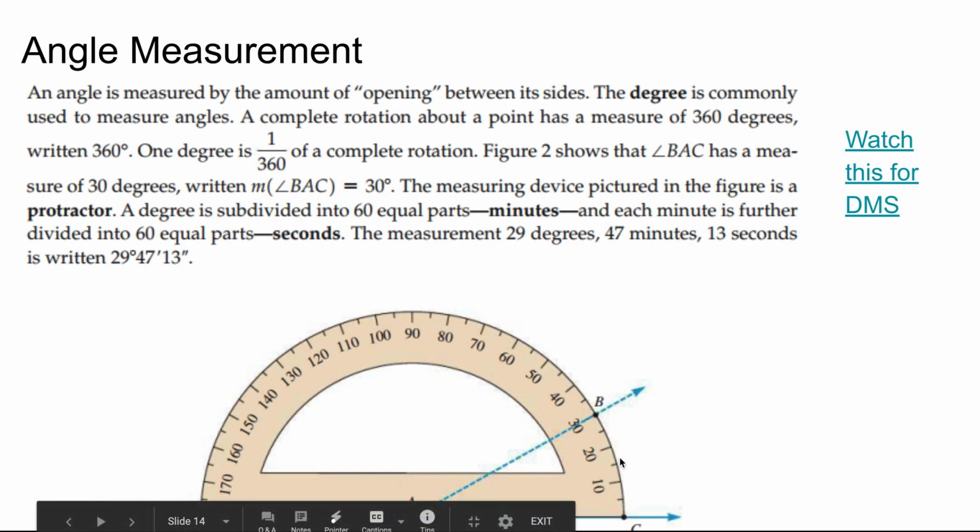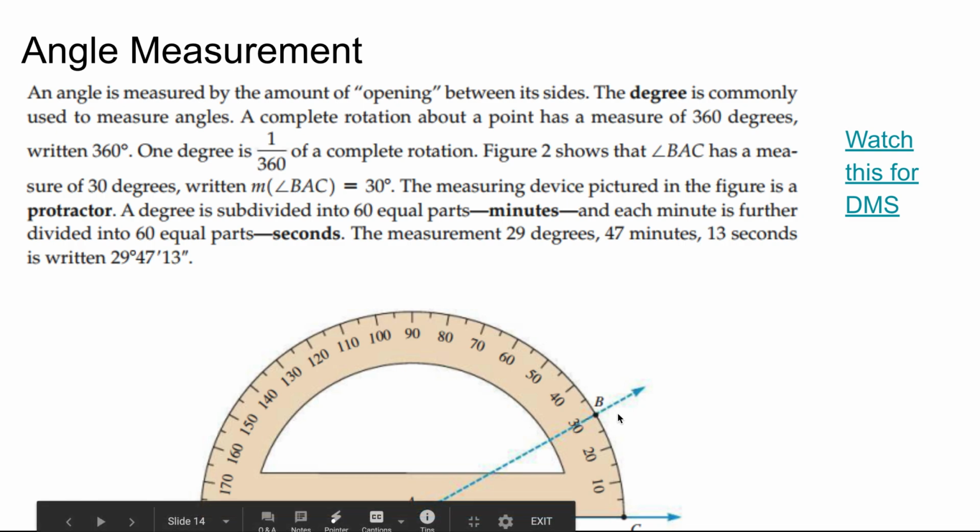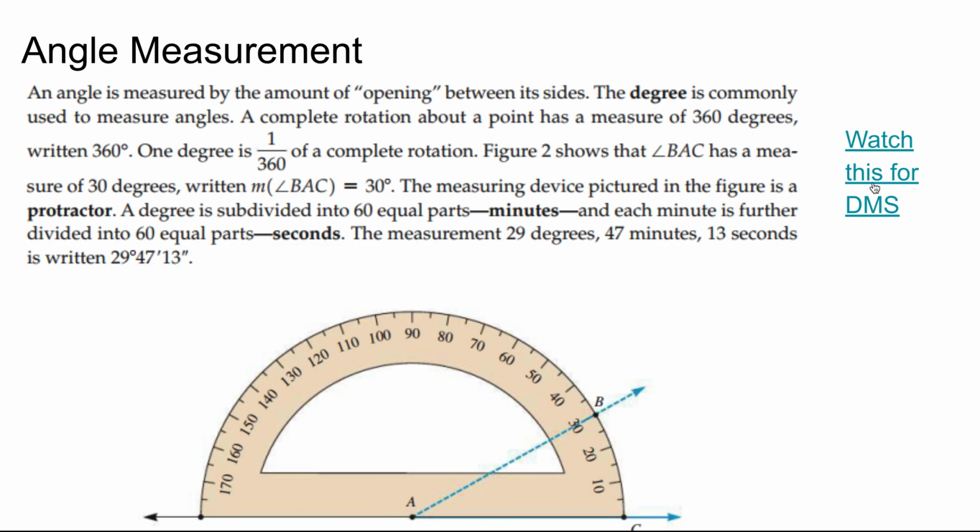But we are looking at this one, right? And then you need to start from 0 here and go like 5, 10, 20, 30. So the measure of angle CAB is 30 degrees. If you want to go a little bit more specific about that angle, we can go deeper with minutes and seconds, just like the time. So I'm going to show you this.